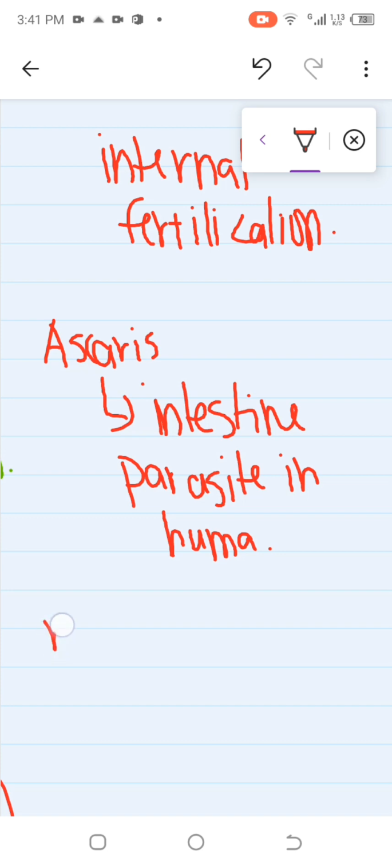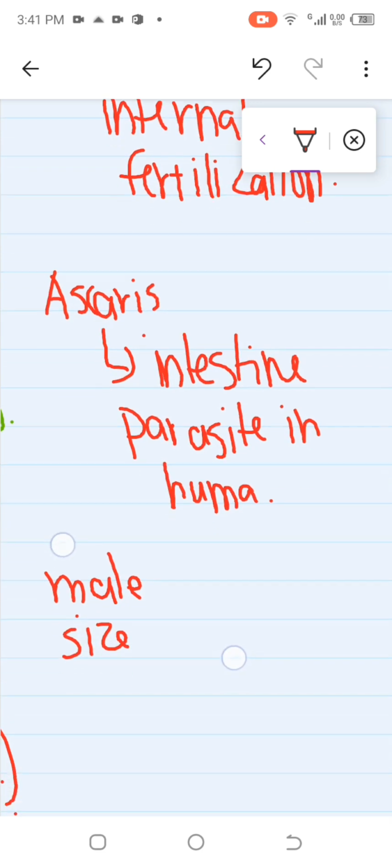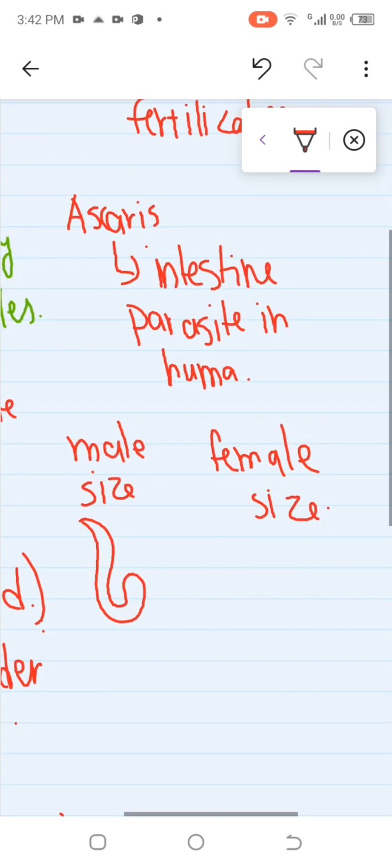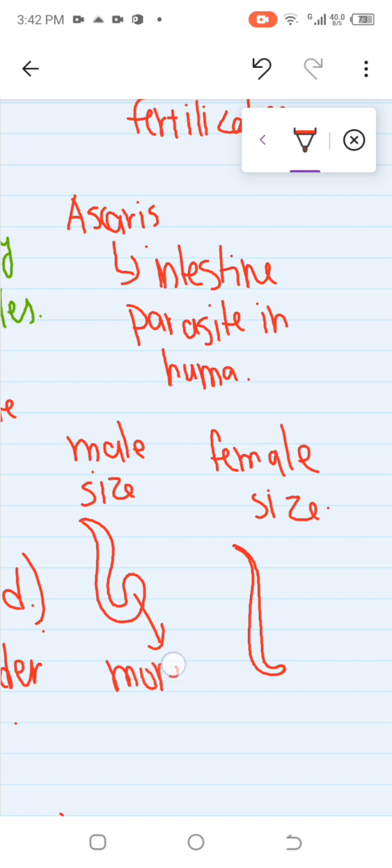The male is smaller, like this. The female size is larger than the male size, like this. Because their tail has more curve, their size is smaller.